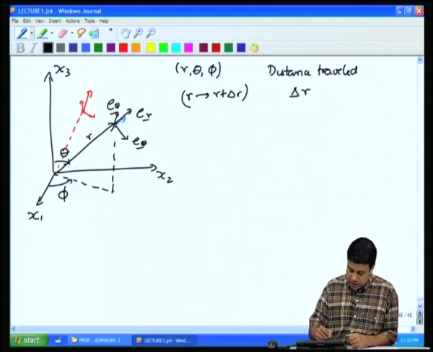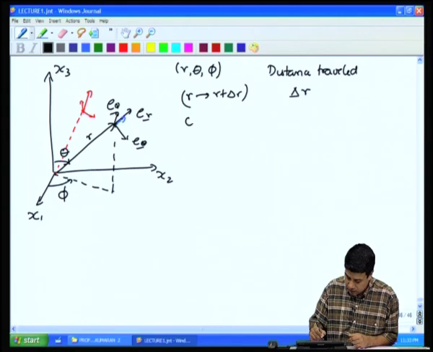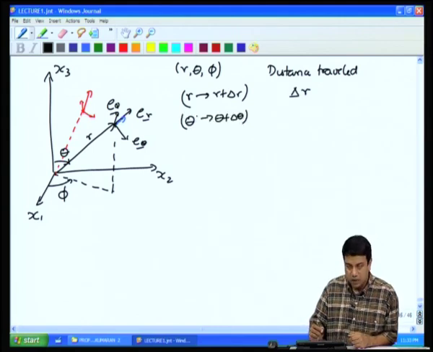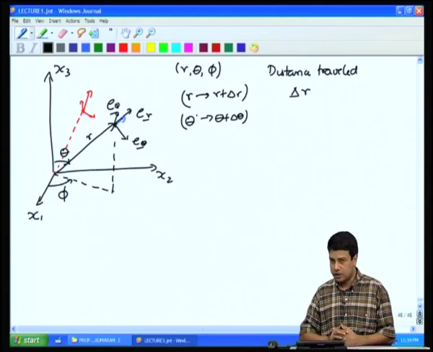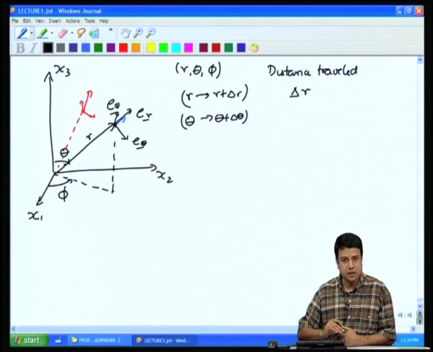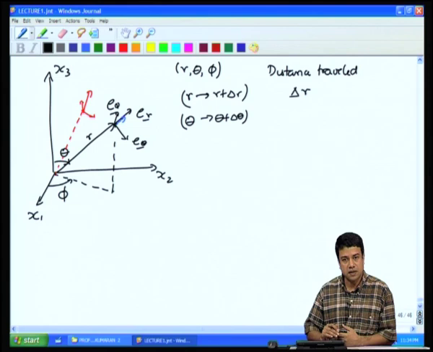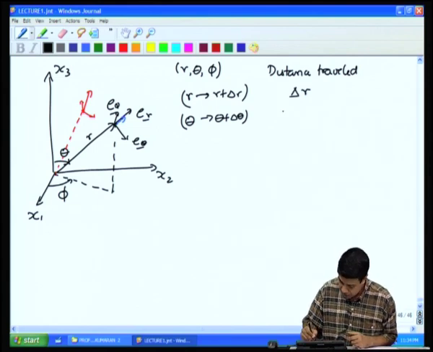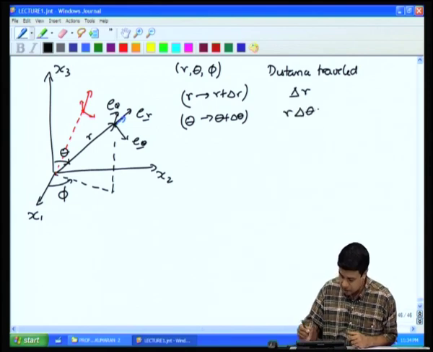On the other hand, if I sit at this point and then move a small change theta to theta plus delta theta, the distance travelled is not delta theta, because the distance has to have dimensions of length. Since the distance from the center, the radius vector, is r, the distance travelled is actually r times delta theta.